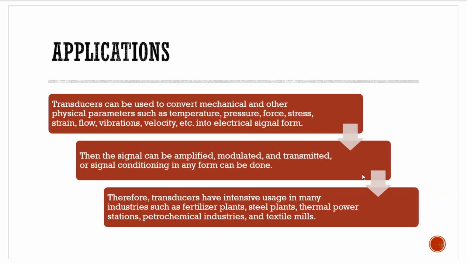After that these signals are amplified, modulated, and transmitted. So these transducers find a lot of usage in many industrial, commercial, residential applications. Industries, for example, steel plants, thermal plants, petrochemical industries, textile mills.